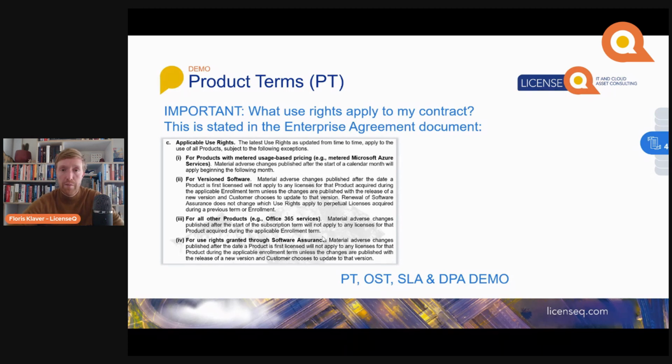But that doesn't mean that your rights to use the software or services change month over month. What changes month over month is the document, but your use rights are usually tied to the one that you signed at the date of your contractual anniversary date.